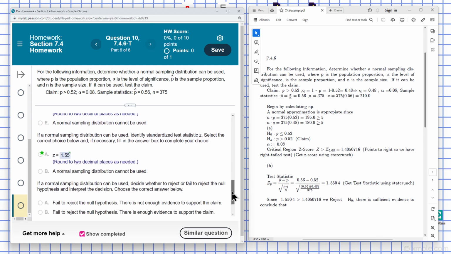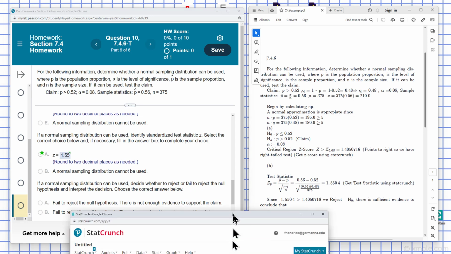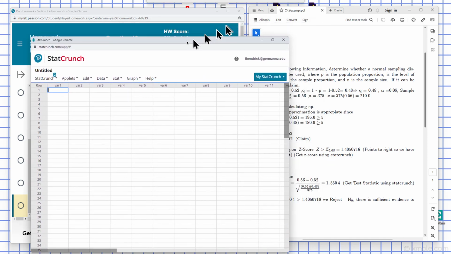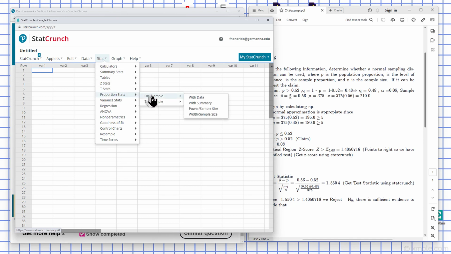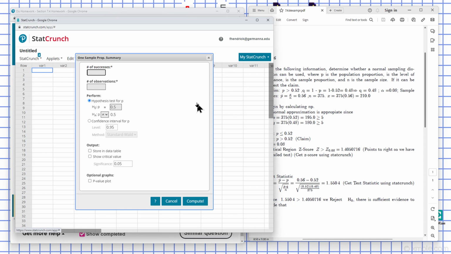Next, the test statistic. We can use StatCrunch again to do that. Stats, Proportion stats, One sample, with summary. Here, my X is the number of successes for my P hat, so 210. Number of observations is 375.